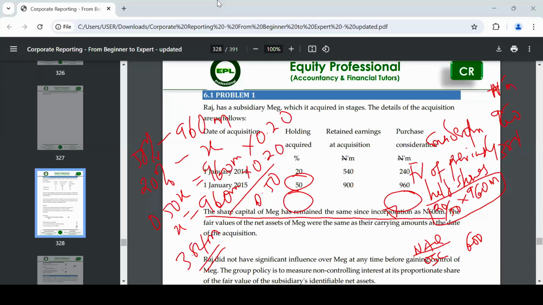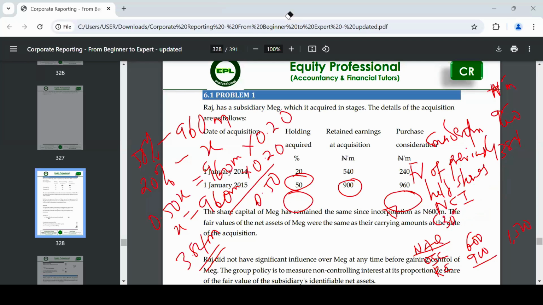Then I'm going to have retained earnings as at the day that we bought 50% more, January 1st, 2015. The retained earnings as of that day was 900. Making how much? 1,500. So therefore, my NCI: we bought 20% before, we added 50%.